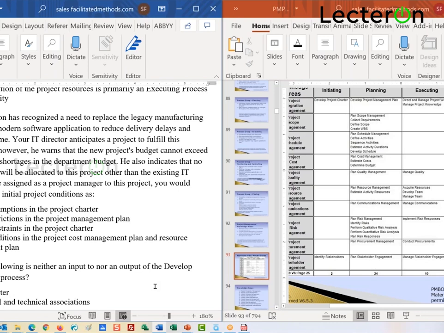Probably sounds somewhat familiar to some of you. If you're assigned, how would you document these? Are these assumptions? Restrictions? Constraints? Conditions? He warns that the new budget cannot exceed, and no additional staff will be allocated.